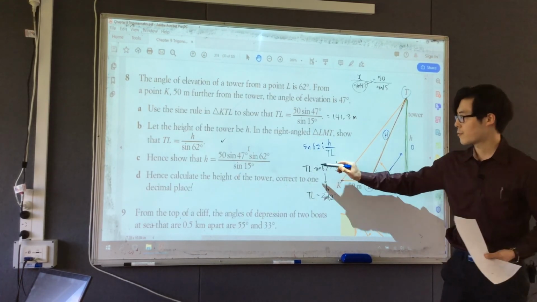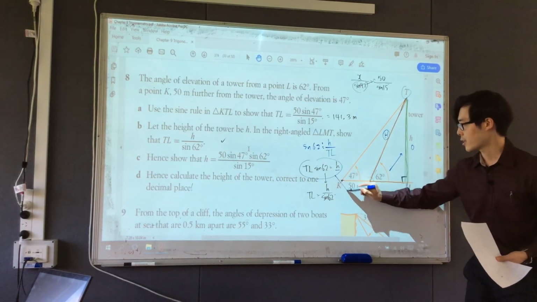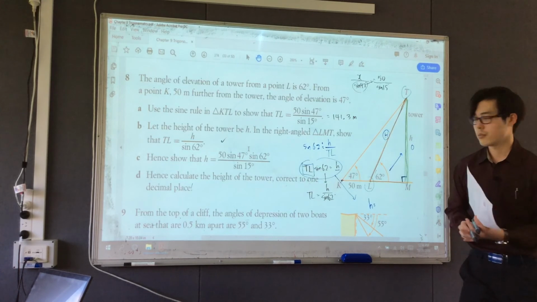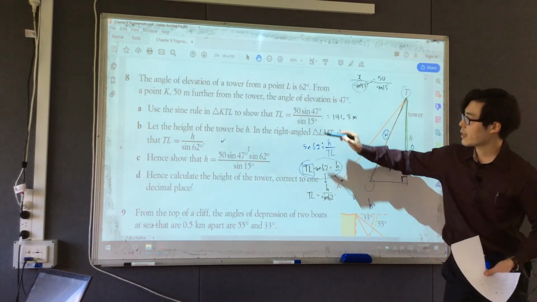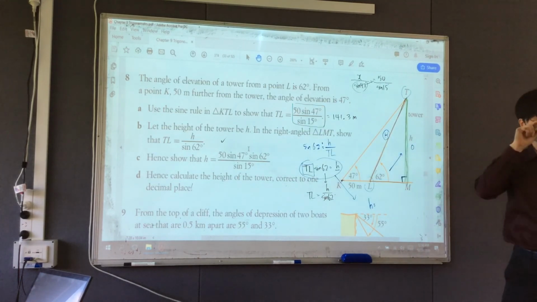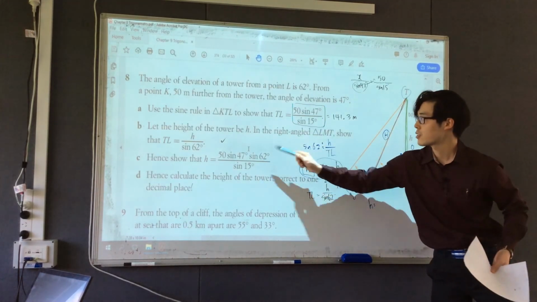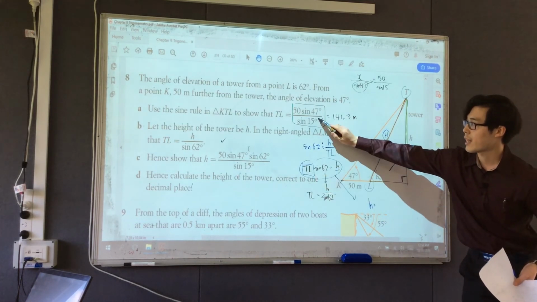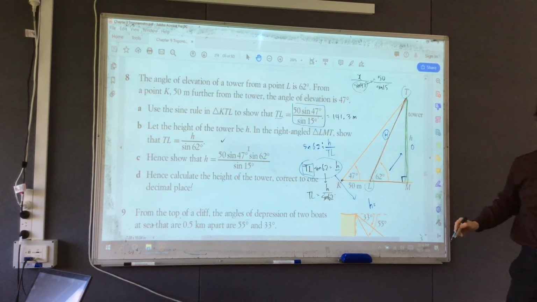So h is equal to, but what's TL? TL, not in terms of numbers, the expression is all that. They want you to use the previous part, so I'm going to replace TL with what it's equal to, like we've answered.